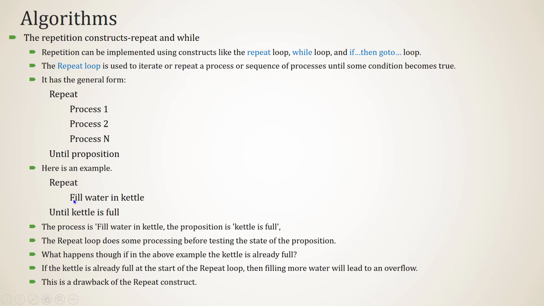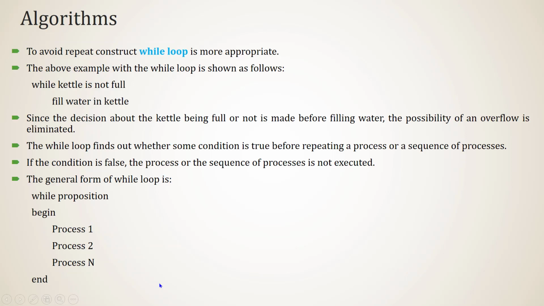So first, fill water in the kettle will execute. But the kettle is already filled. So what happens? The water will overflow. If the kettle is already full at the start of the repeat loop, then filling more water will lead to an overflow. This is a drawback of the repeat construct. These things will be clear in the study example.